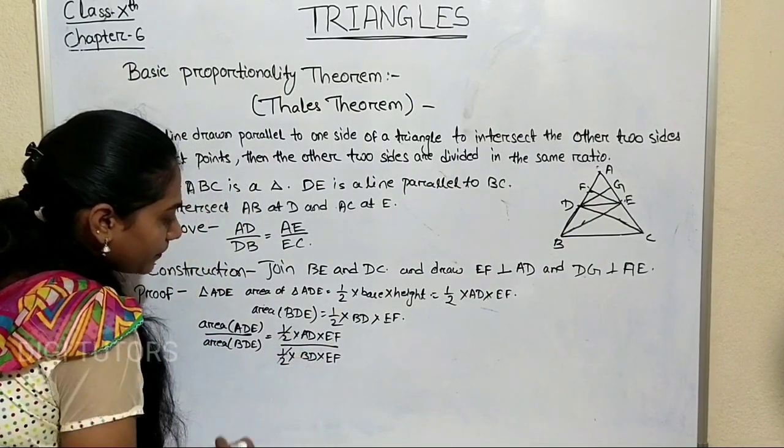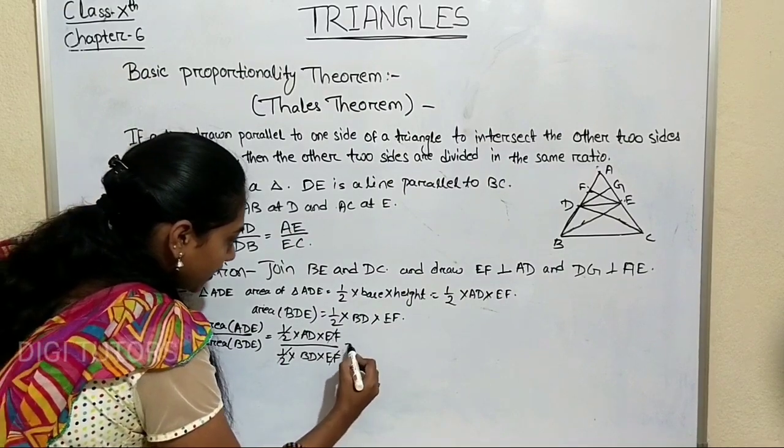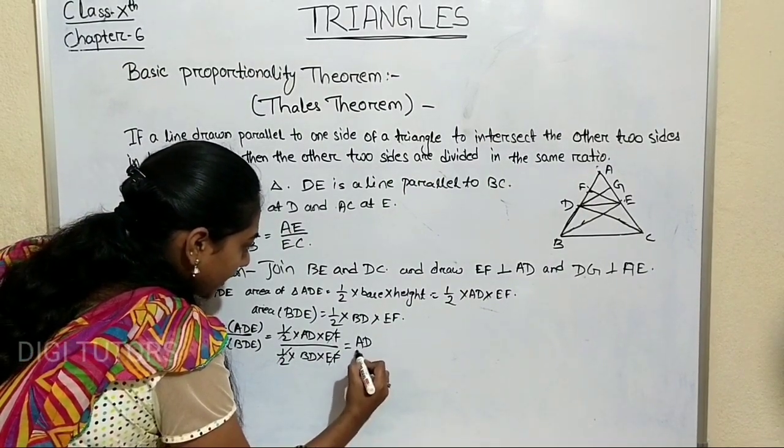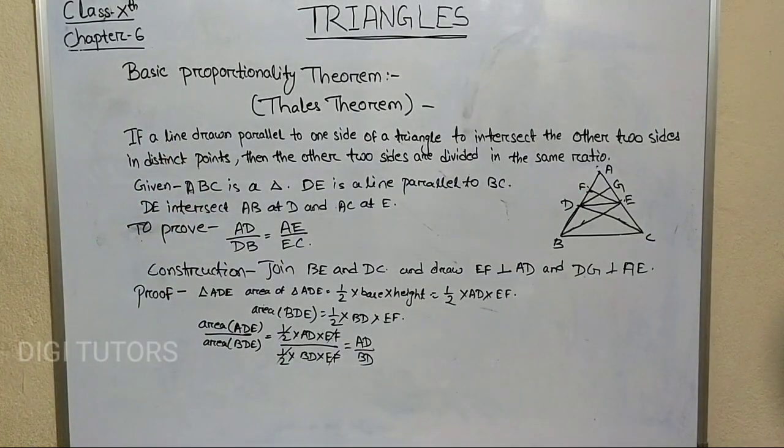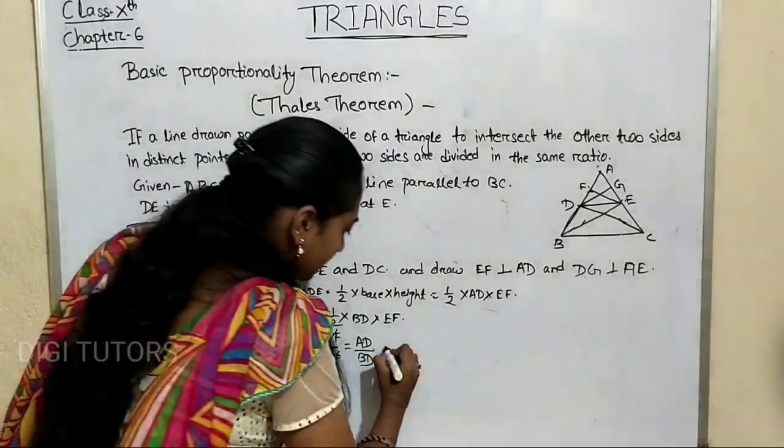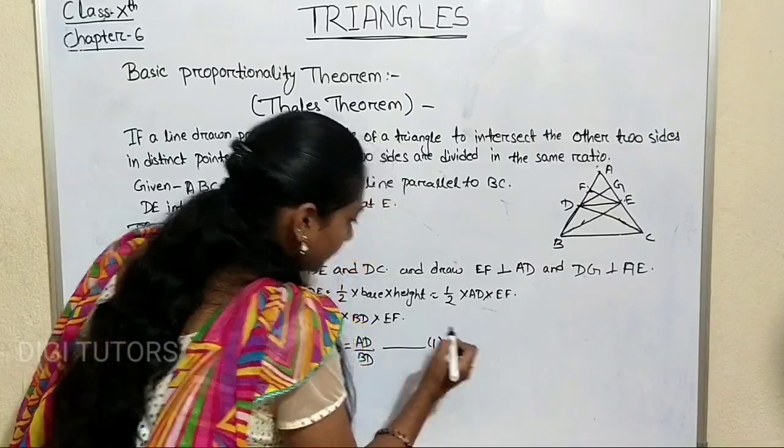So here half cancels, EF cancels, we get AD by BD. Let this be our equation 1.